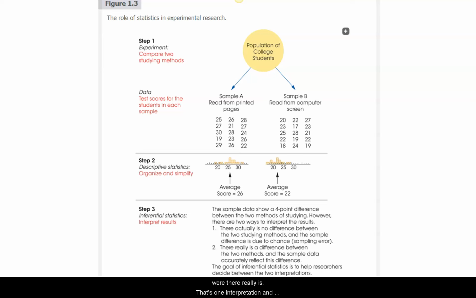So in that case, there really is a difference. That's one interpretation, and that's the one that the researcher would prefer. Now, our decision will be numerical later on whether we'll enjoy statistical significance. And even if we do, however, we still have to basically entertain the suspicion, if you will, that number one is true, that there's no difference between the two methods and it's due to just chance.